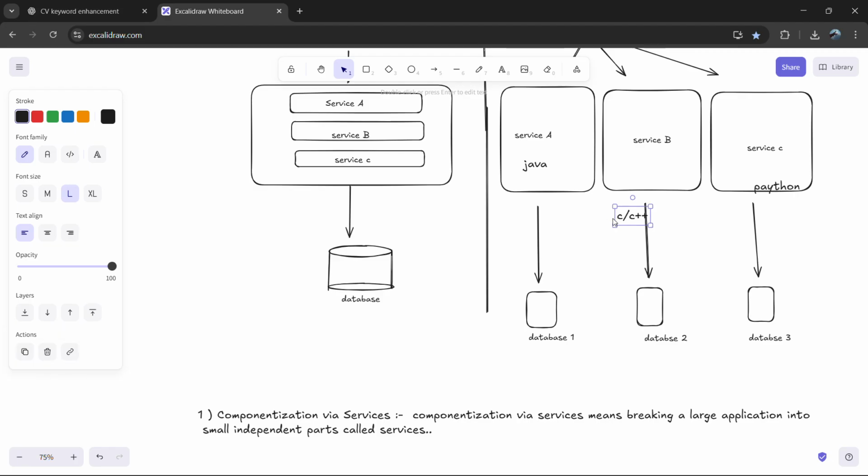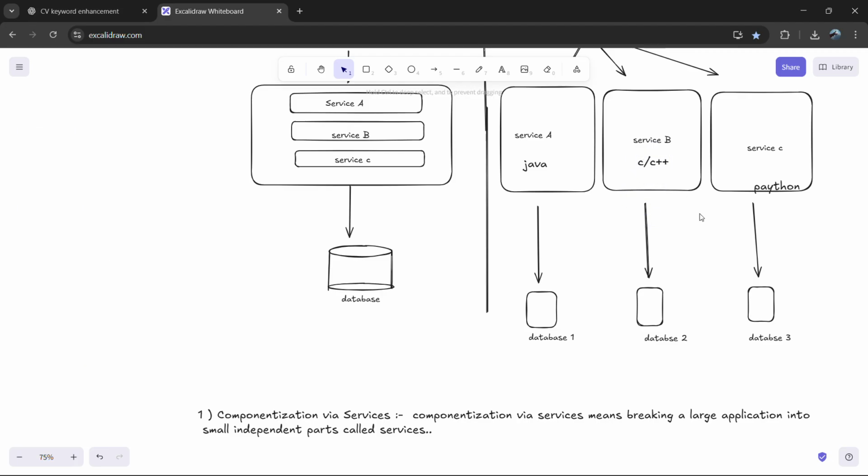So it gives us the flexibility to write our code in any language.